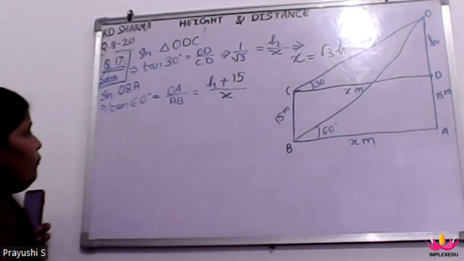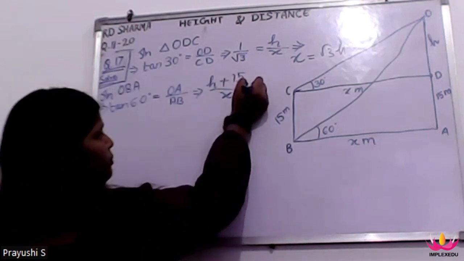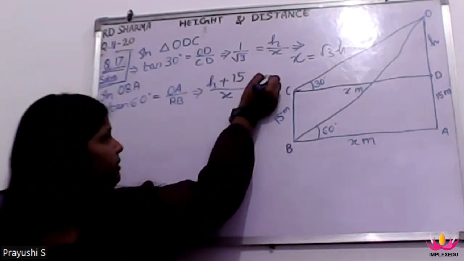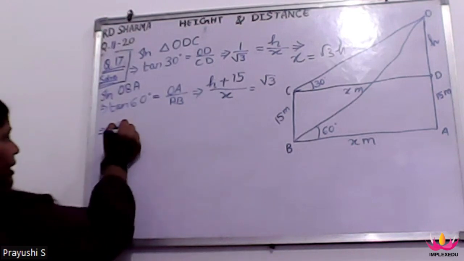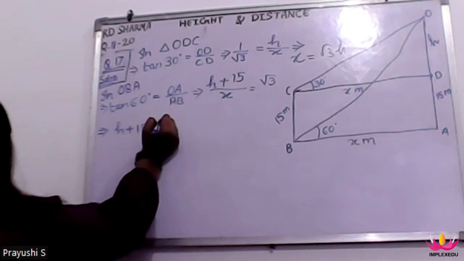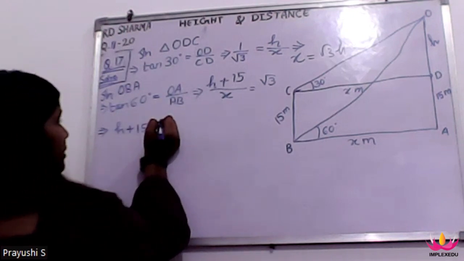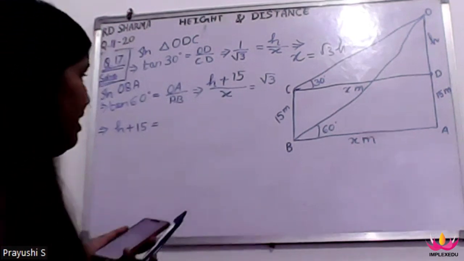Done. Now we know that tan 60 is equal to root 3. Correct. So now we will have x plus 15 is equal to root 3 times x. Okay, so this is what we have got.